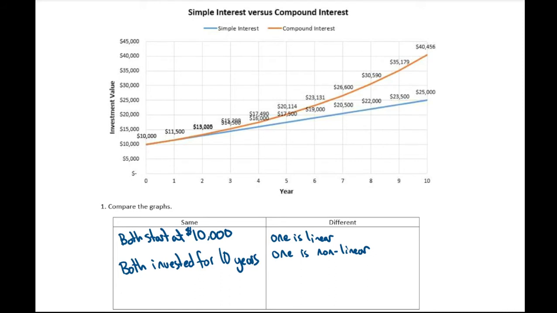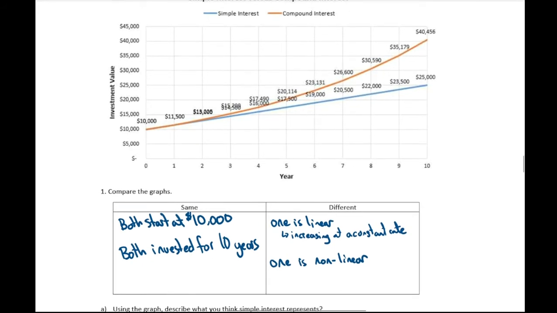Actually, let me just separate these because we can be a bit more descriptive. You could say something along the lines of, because it's linear, it's increasing at a constant rate. And what's different for the other one in terms of the growth, non-constant growth.